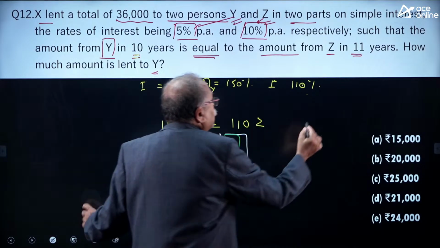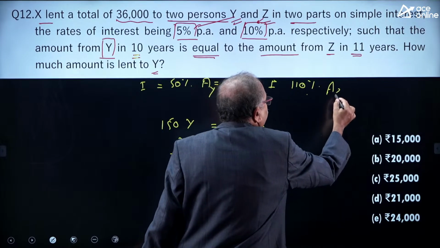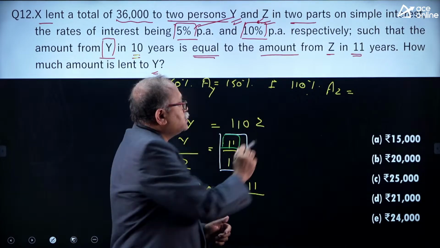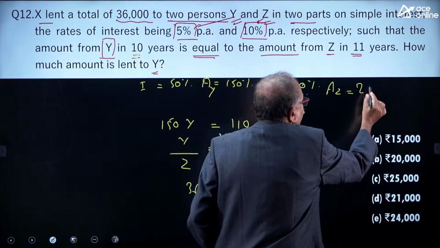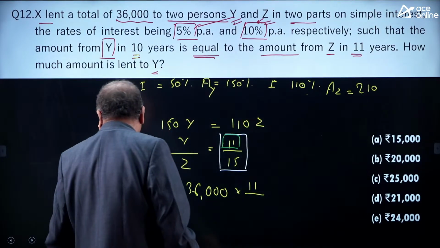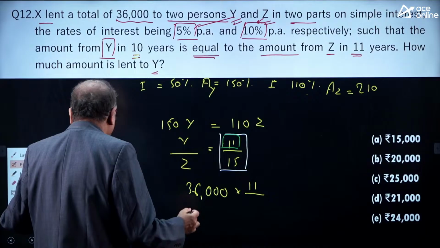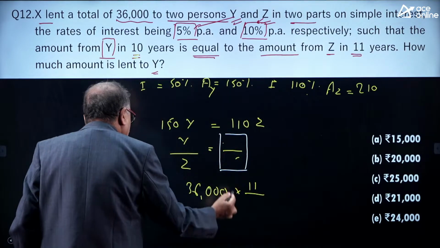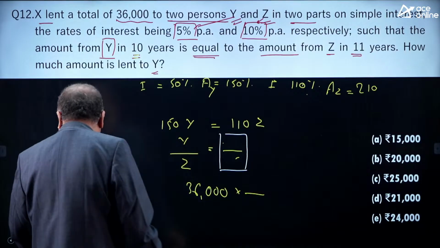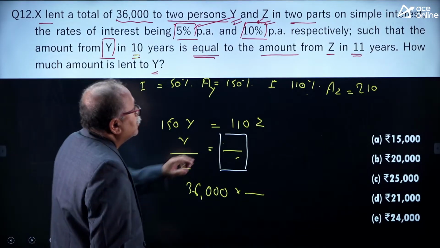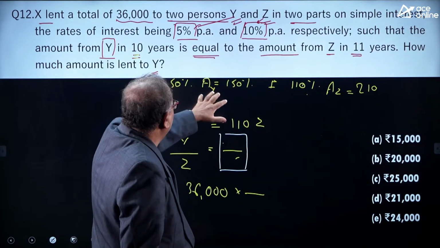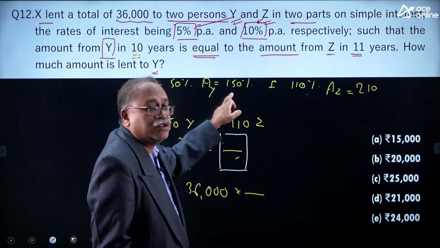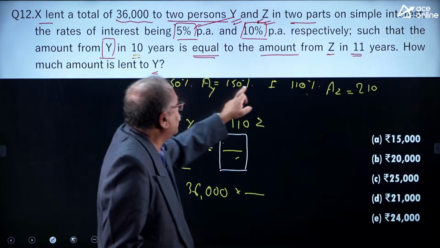So, what is the amount of Z? The principal is 100 and interest is 110%, that means 210%. Here I made a small mistake. So, let me recalculate the ratio which I got wrong: 210 by 150, that comes 21 by 15, that comes 7 by 5.